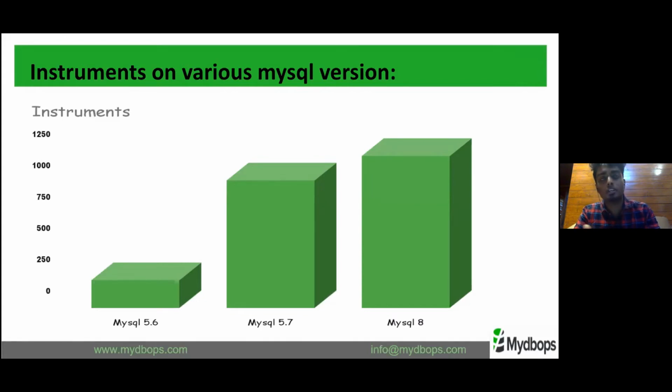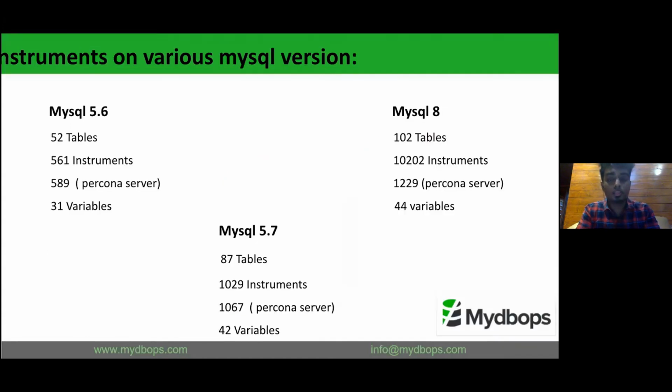In 5.6 we have fewer than 250 instruments. These show the growth of MySQL instruments across versions, and how many instruments there are in the performance schema tables, Percona servers, and total variables in the MySQL server.